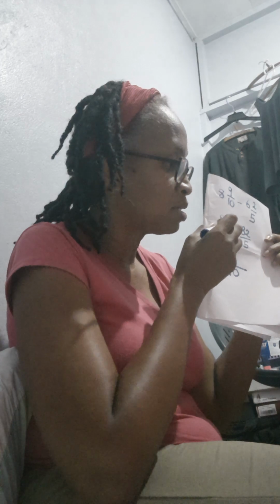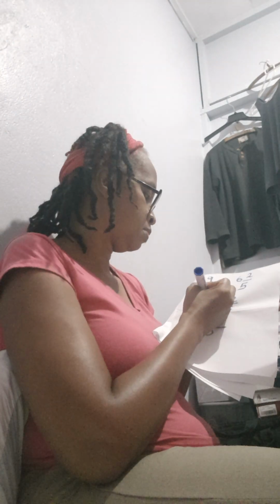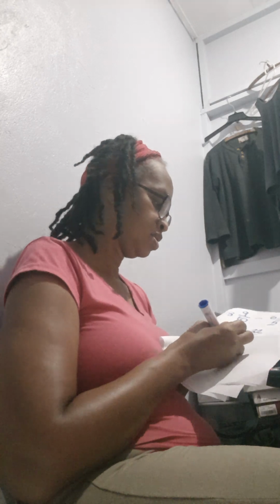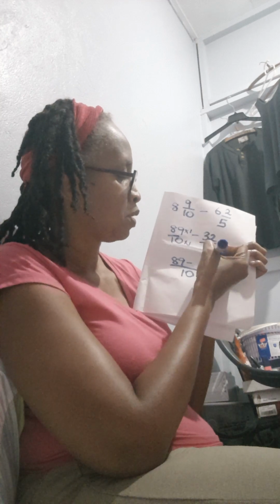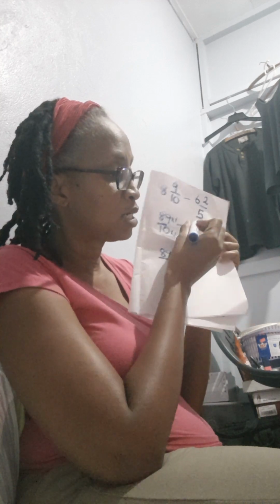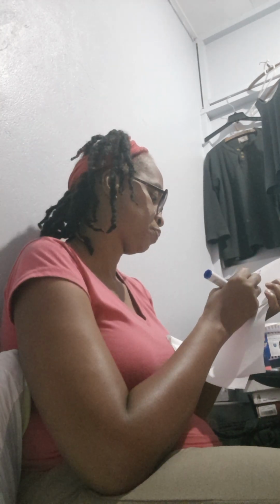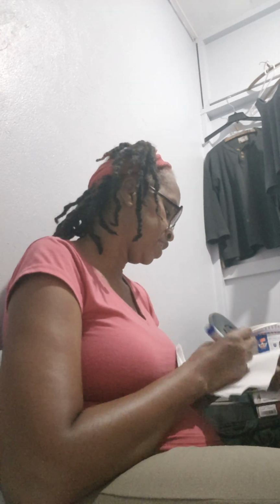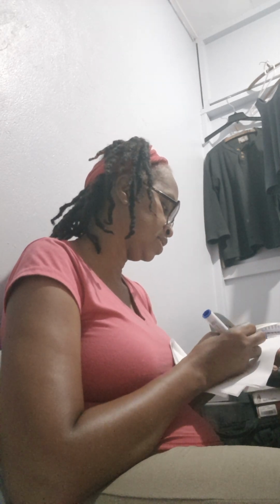Whatever I do to the bottom, I do to the top. I multiply my 89 by 1. So I have 89, subtract. I multiply my 5 by 2 to get 10. Whatever I do to the bottom, I do to the top. So I have 89, take away 64.